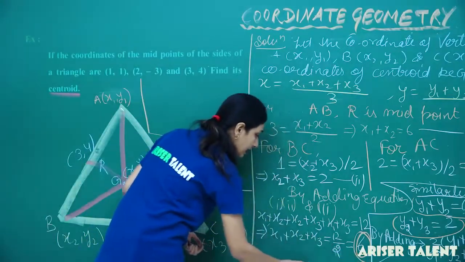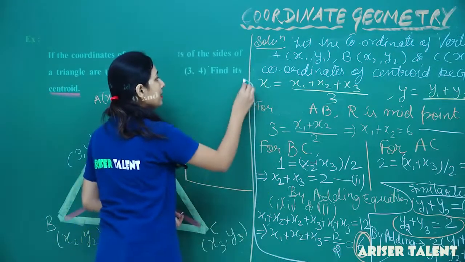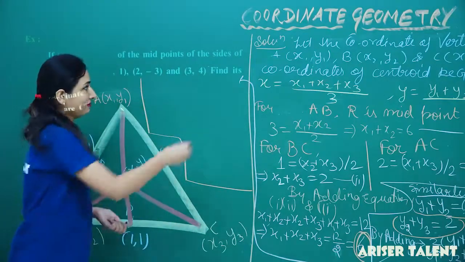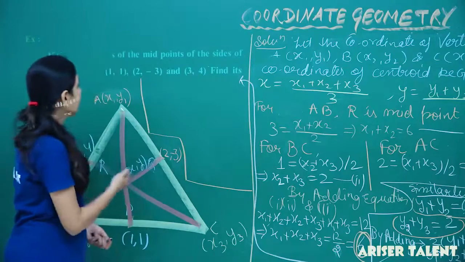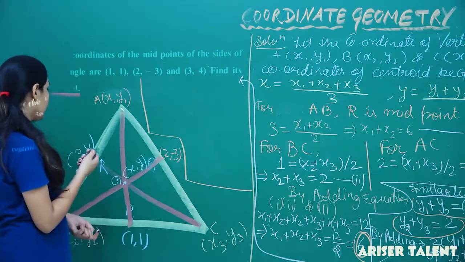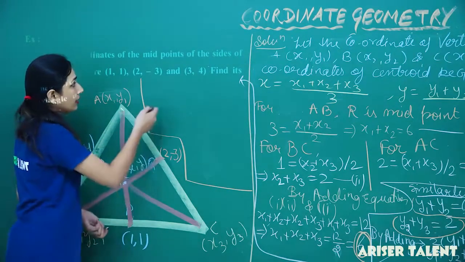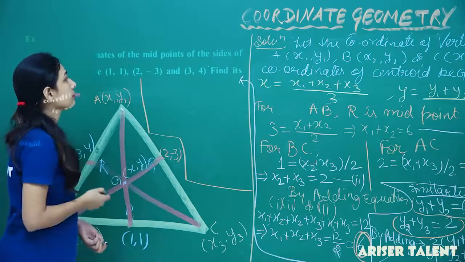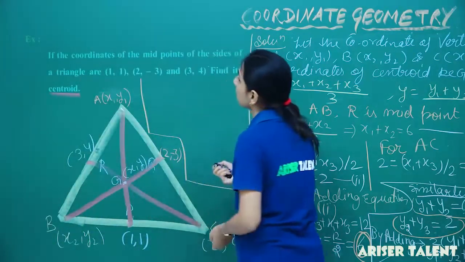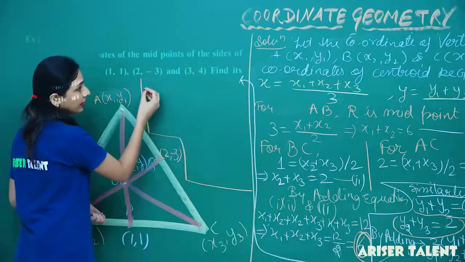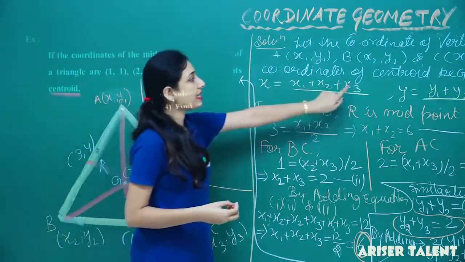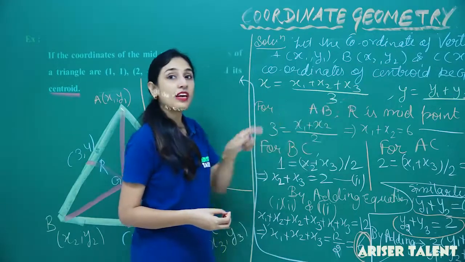After that we'll come to this side, guys. So I'll be having these values and I have to find the coordinates of G. If I talk about this x, it is x1 plus x2 by 3, and y equals y1 plus y2 by 3.